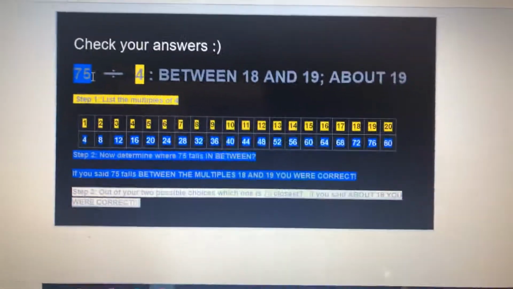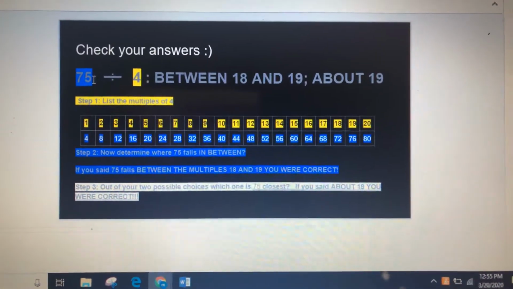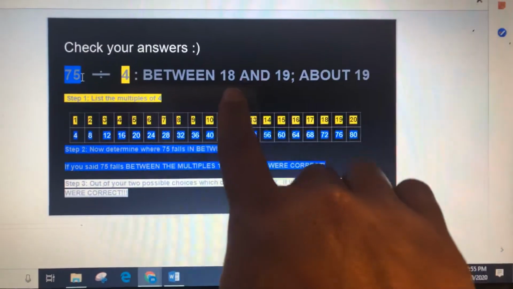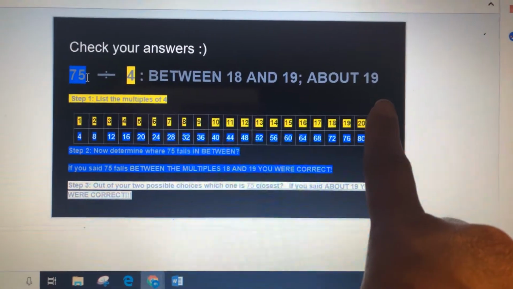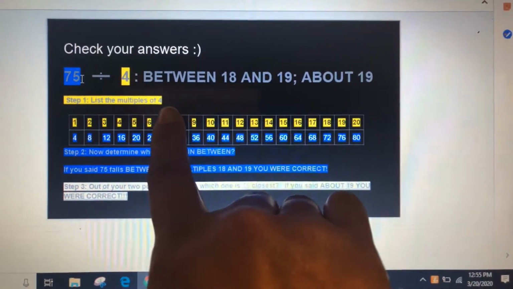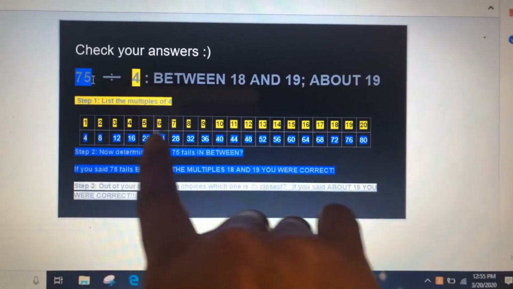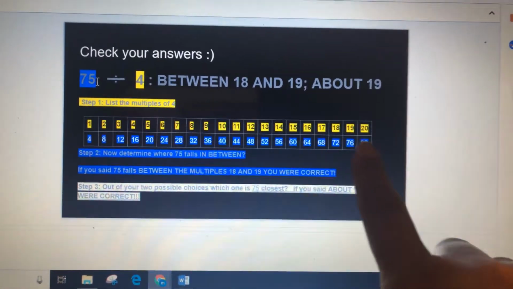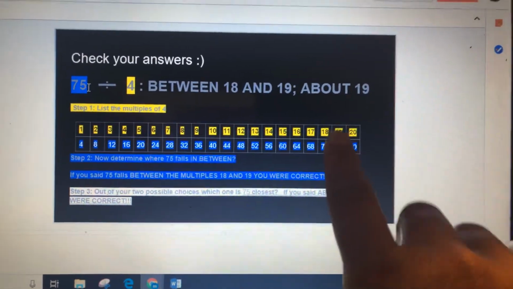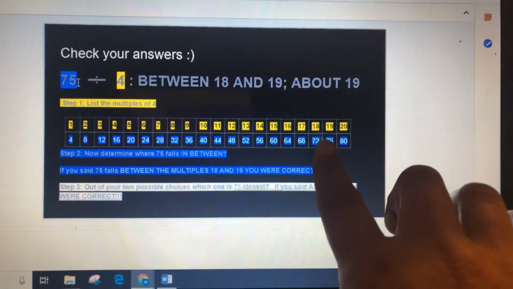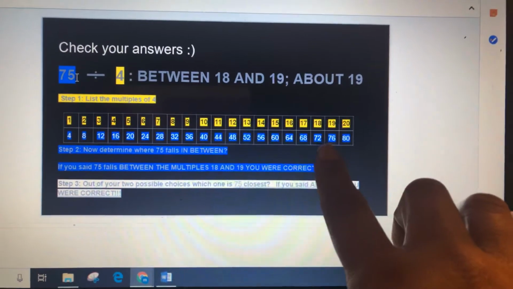All right, your next one is going to be 75 divided by 4. Okay, and if you look, it lands between 18 and 19, so it should have been about 19. What you had to do first was list the multiples of 4. So we get all the factors listed first that we're going to do, and we list all the multiples down below. So if you notice, 75 falls right in between here, between 18 and 19 once I list it.